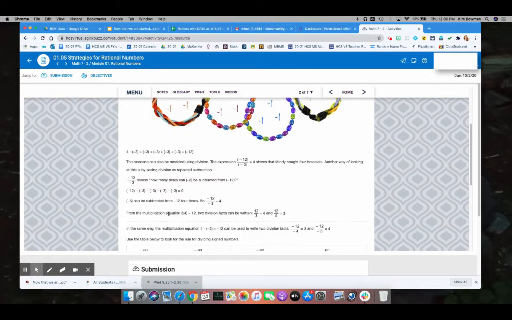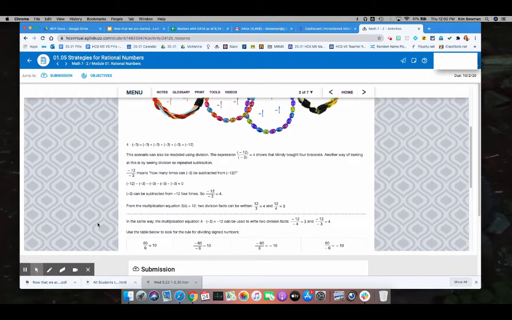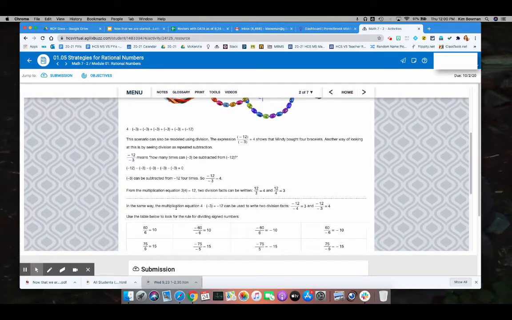From the multiplication equation, 3 times 4 equals 12, 2 division facts could be written. You could write 12 divided by 3 equals 4, or 12 divided by 4 equals 3. It just depends on which way you're trying to look at it. In the same way, the multiplication 4 times -3 equals -12 could be used to write 2 division facts.